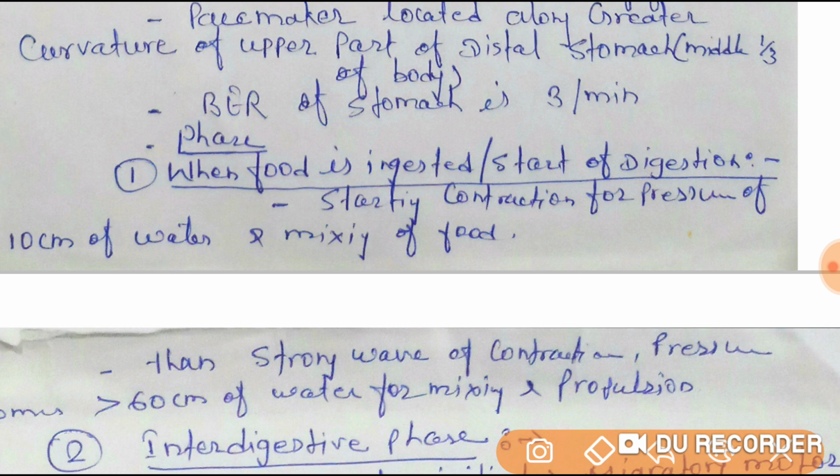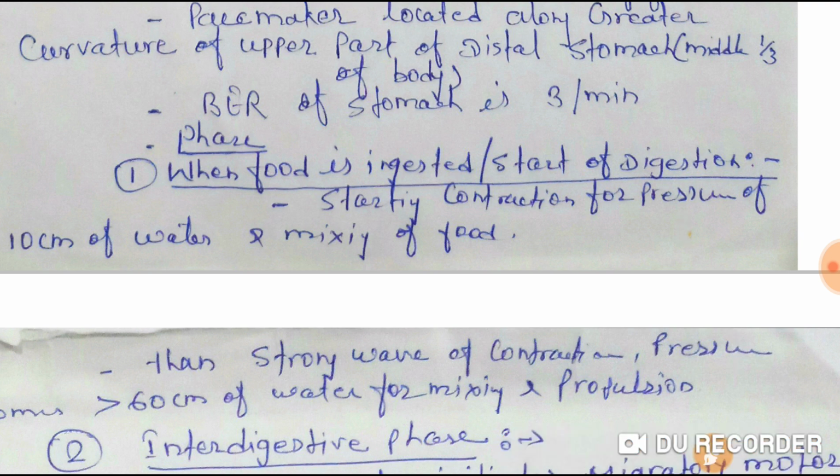That means when food enters the stomach, there is a start of digestion. Due to food entering the stomach, a storage reflex acts, and the pressure generated in the stomach is 10 centimeters of water, so peristaltic movement starts and mixing of the food takes place.